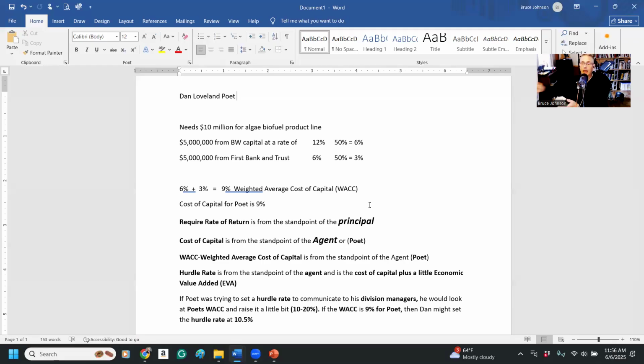And one of the fundamental arguments in finance is actually, as long as a company, let's say in a perfect world, they know they're going to be successful at everything, as long as they have a higher rate of return on that product line or that investment or that acquisition, as long as it's always higher than the cost of capital, then Dan Loveland and Poet should keep trying to go external to get more money to grow and to grow and to grow.